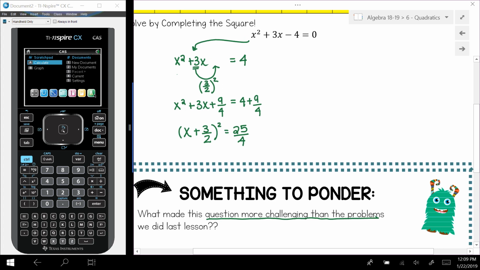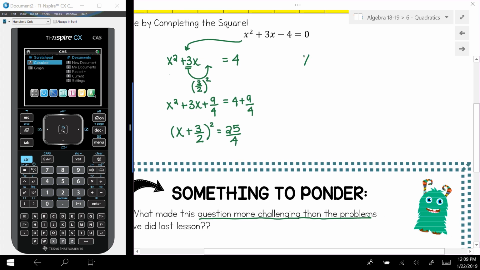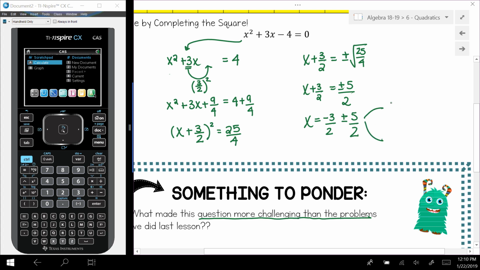You can throw that right in on your calculator. Then when I solve this using the complete the square method, it's not as bad at the end. The square root of 25/4 is a nice number because the square root of 25 is 5 and the square root of 4 is 2. So we end up with x equals -3/2 plus or minus 5/2. You can type both of these in on your calculator.